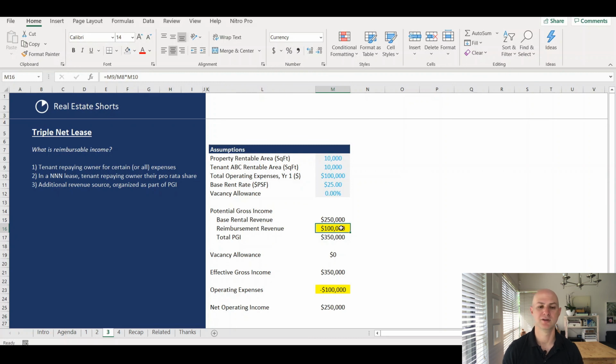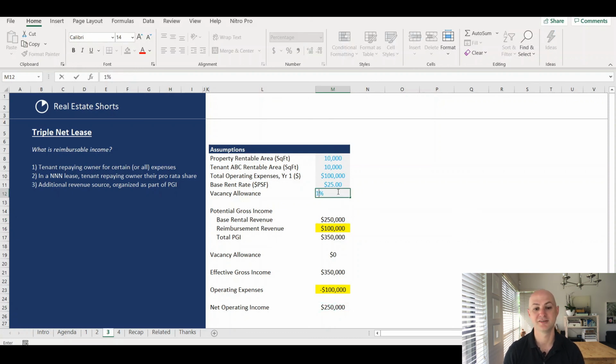The first is, if you have 0% vacancy, then your base rent is effectively equal to your net operating income. So you'll notice these two numbers are the same when vacancy is 0. Why? Because the owner will pay $100,000 and then the tenant will repay them $100,000. Those two numbers wash each other out. And so base rental revenue equals NOI. But that's not always the case.